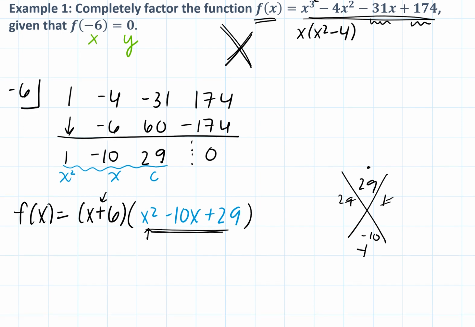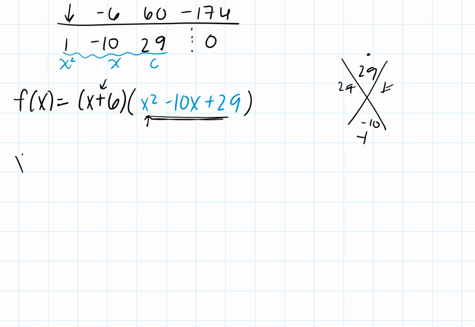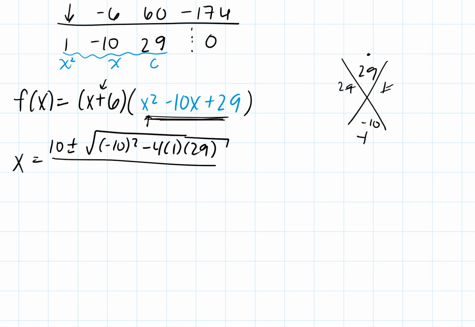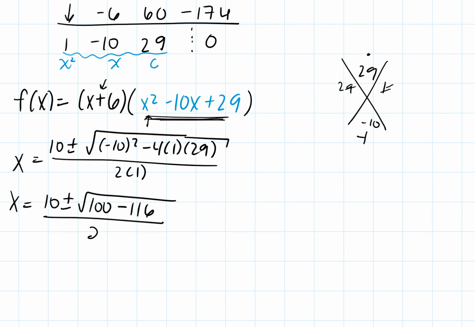It can't be done, so we'll have to use the quadratic formula. Just on this blue factor, the quadratic bit. So we have 10 plus or minus the square root of 100 minus 4 times 1 times 29 is 116, all over 2.